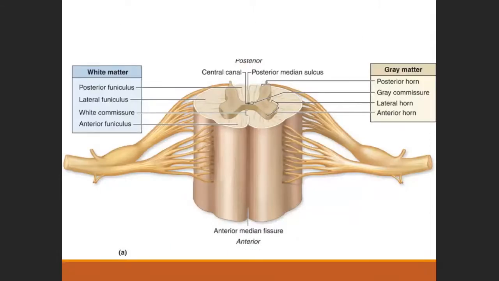Carrying on with more of our spinal cord anatomy. Gray matter, white matter. White matter in the spinal cord will be superficial. The gray matter is this H or butterfly shape, however you want to describe what it looks like. The difference here is going to be the presence of oligodendrocytes. Remember, those were the same as Schwann cells.